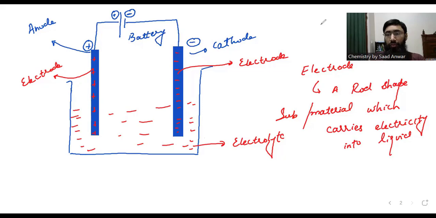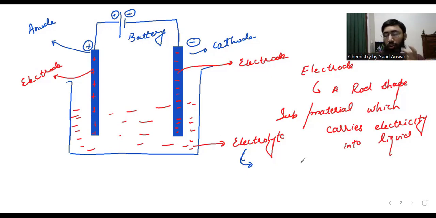And in my electrolyte, just imagine this is an aqueous solution of sodium chloride, or I think we should not take aqueous sodium chloride because things change in that case.